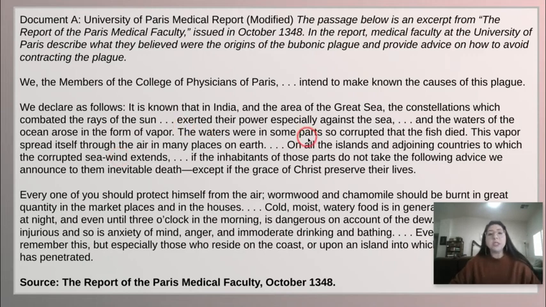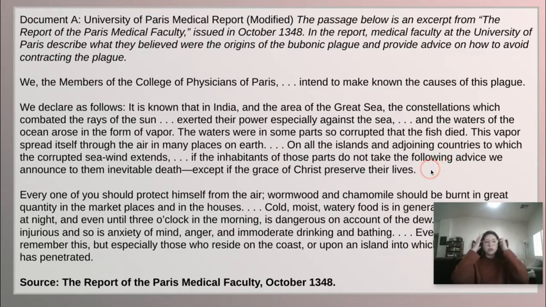The waters were in some parts so corrupted that the fish died. This vapor spread itself through the air in many places on earth, on all the islands and adjoining countries to which the corrupted sea winds extend. If the inhabitants of those parts do not take the following advice, we announce to them inevitable death, except if the grace of Christ preserve their lives."